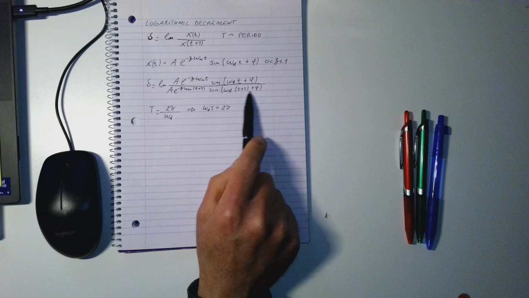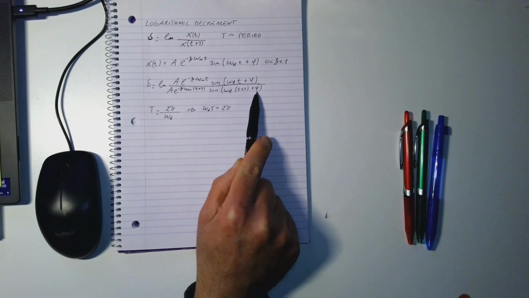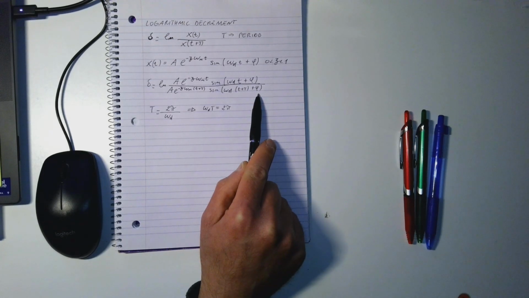So we can look at this quantity here, sine of omega d t plus phi, and let's see how this expression becomes.